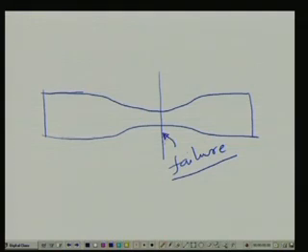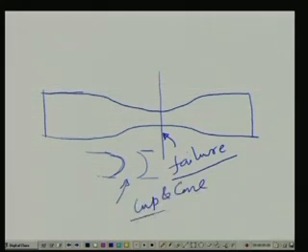This is the line where the failure takes place. Although I have drawn a straight line to show the failure, it is not exactly a straight line. It forms what is conventionally called a cup and cone failure, and that takes place in this particular case.